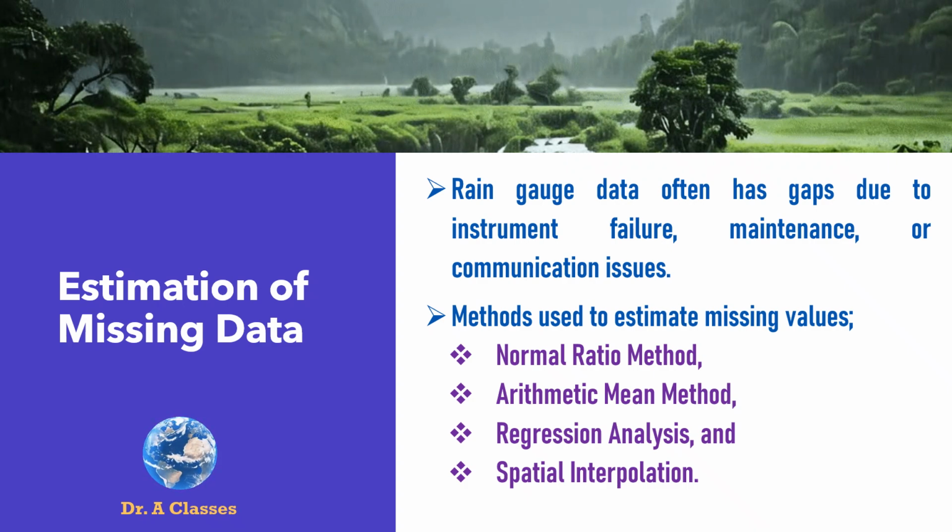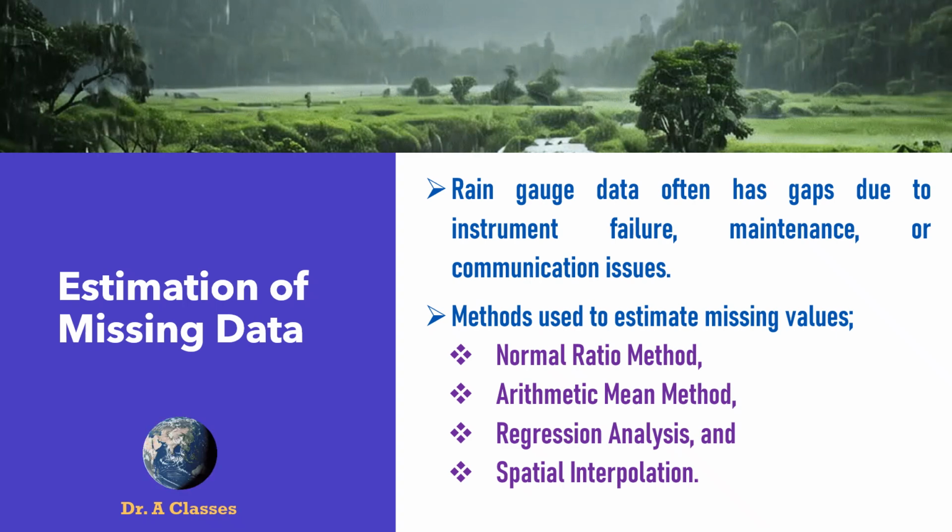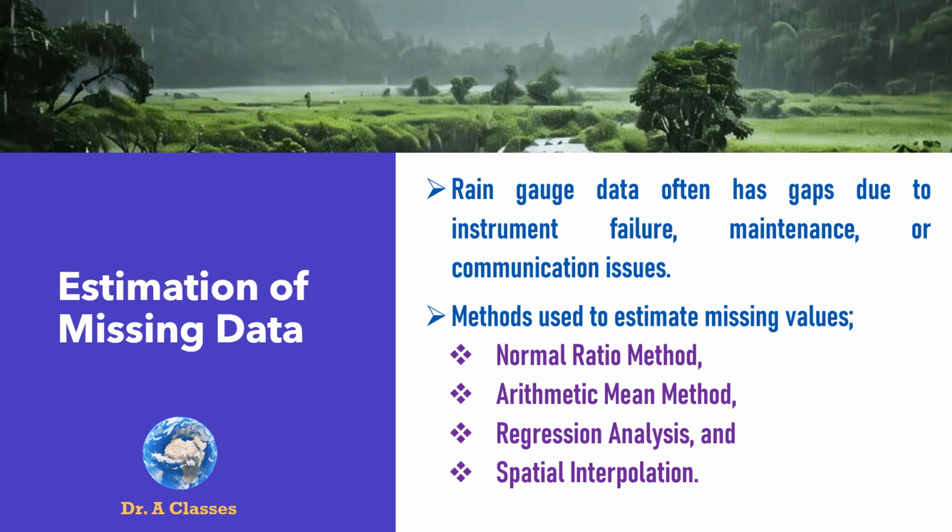More advanced techniques like regression analysis establish a statistical relationship between the incomplete station and the nearby complete stations. Spatial interpolation methods like kriging use the spatial correlation of rainfall to fill the blanks. The goal of these methods is always to reconstruct a complete and representative rainfall record for accurate hydrological assessment.